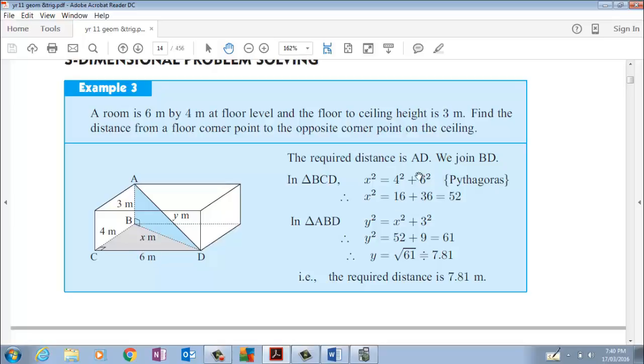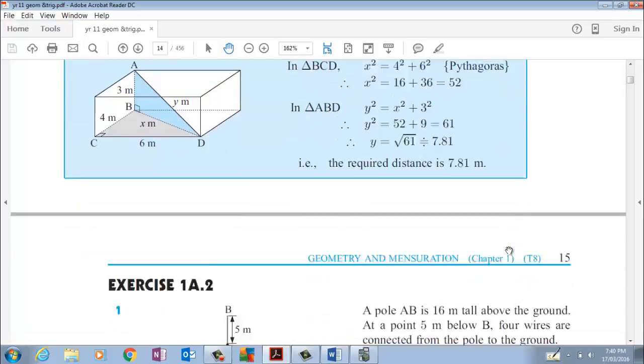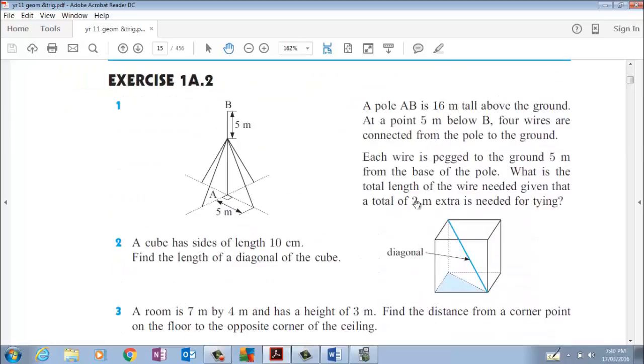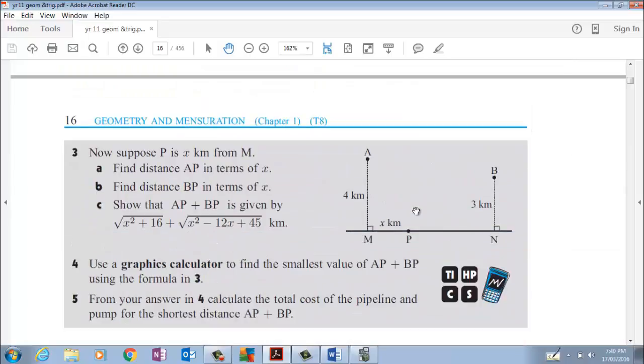So first of all use BCD, Pythagoras, you get x squared equals 52. Then you plug it into the second triangle, and you get y being 7.81. So you have to use Pythagoras twice to get the AD value. And there are some three-dimensional problems there. That's really Year 10 revision.